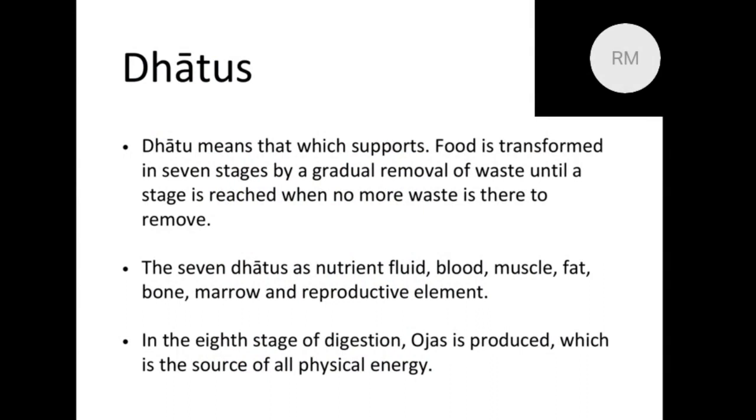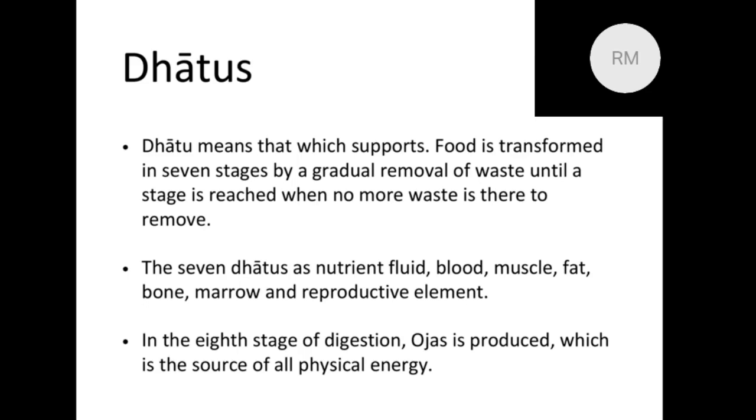As we said, in Ayurveda the body is said to be a combination of dosha, dhatu and mala. So we have discussed the doshas. Dhatu actually means support, that which supports. So we usually translate the dhatus as tissues, but that's not a very correct way of translating.